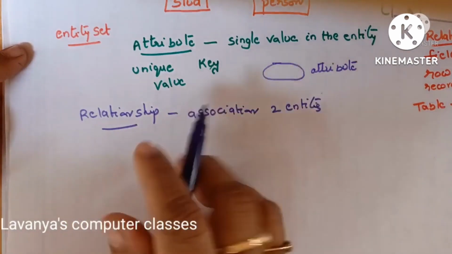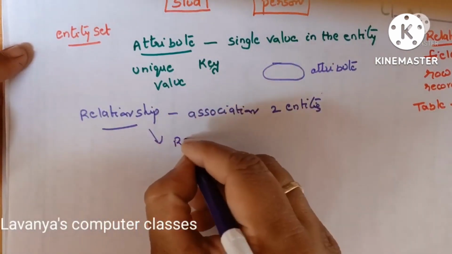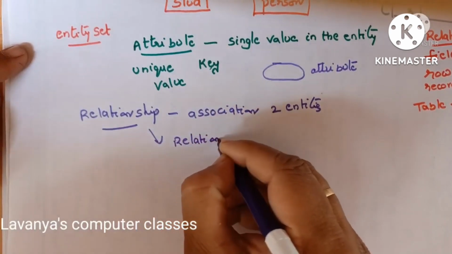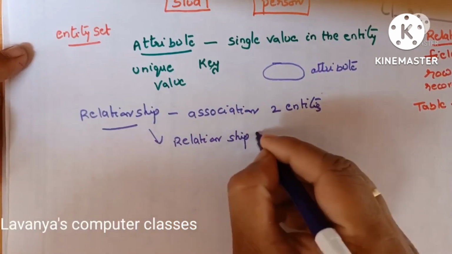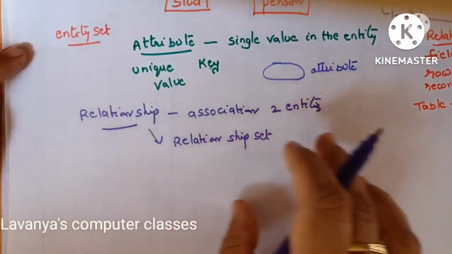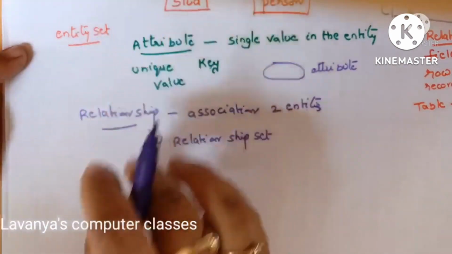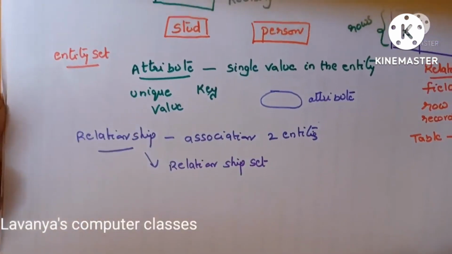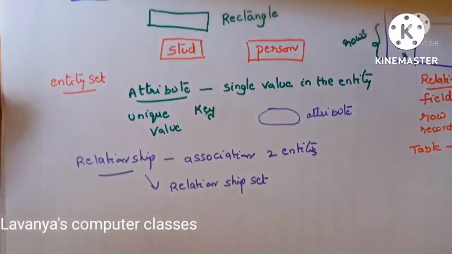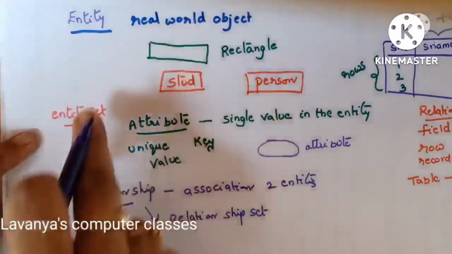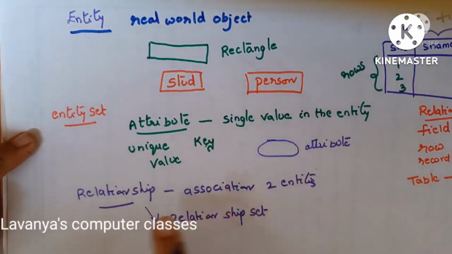A collection of similar relationships is known as a relationship set. So these are the proper words used in the ER diagram: entity, entity set, attribute, relationship, relationship set.